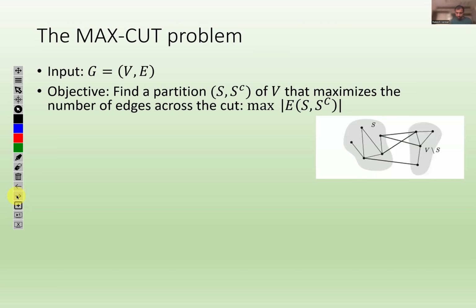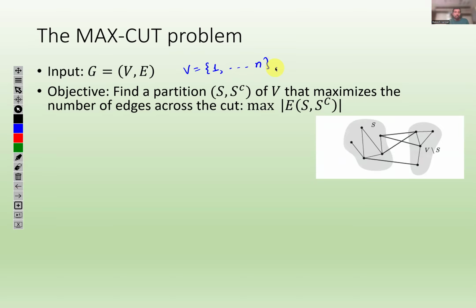What does the maximum cut problem ask you to do? You're given an input graph G, which consists of, of course, V and E. I will again identify V as 1 to n.